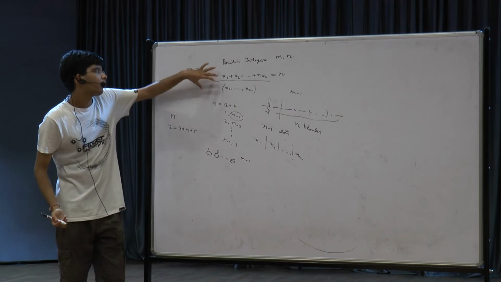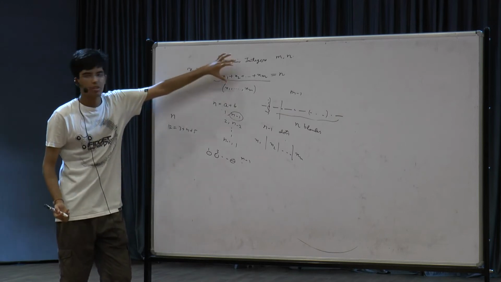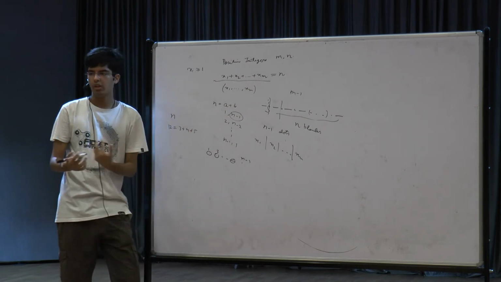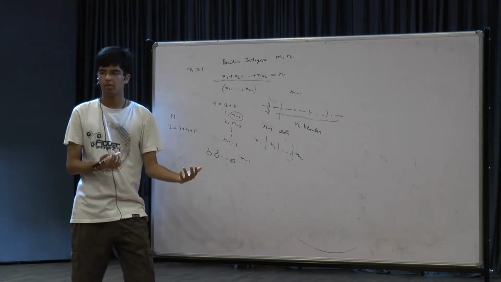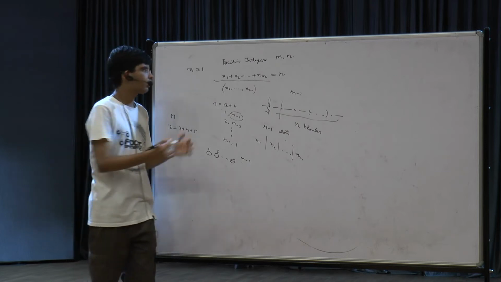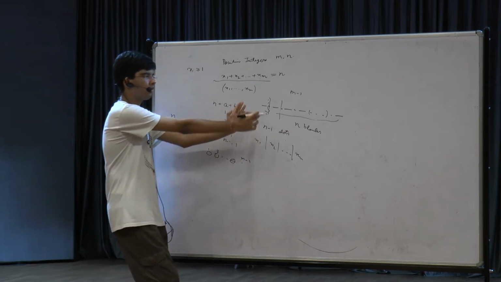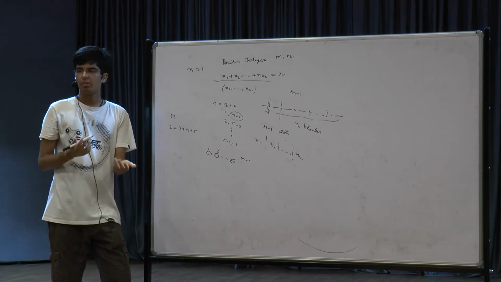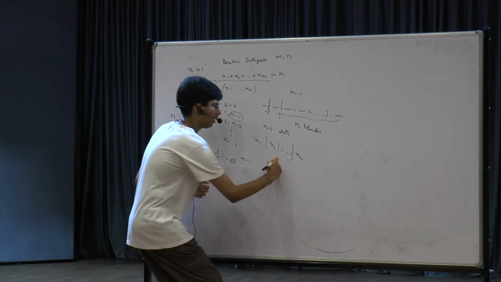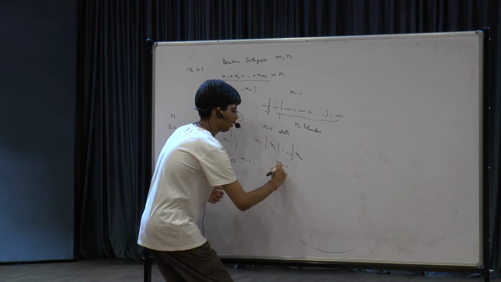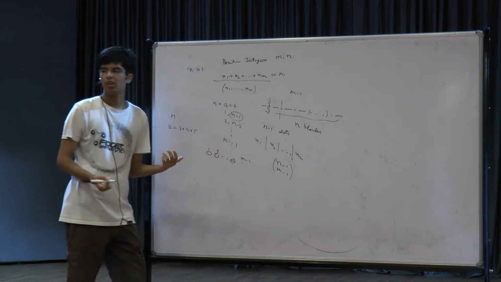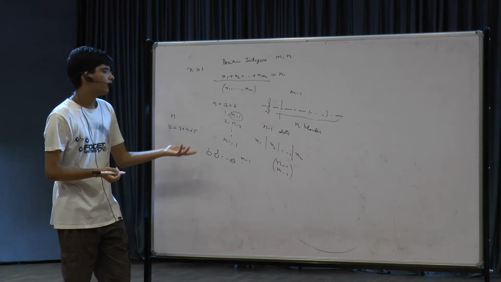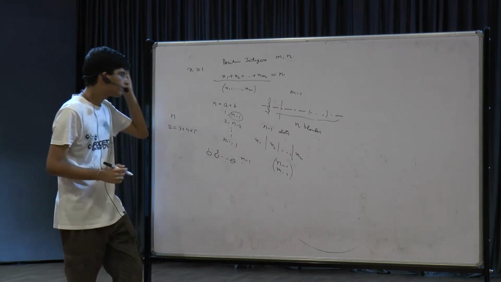So we have constructed a bijection between all possible tuples that sum to n, and all possible choices of m minus 1 dots out of n minus 1. So this shows us that the number of such tuples is the number of ways of doing this. And the number of ways of picking m minus 1 objects out of n minus 1 objects is n minus 1 choose m minus 1, for which we already know the formula. So this is easy to evaluate now.